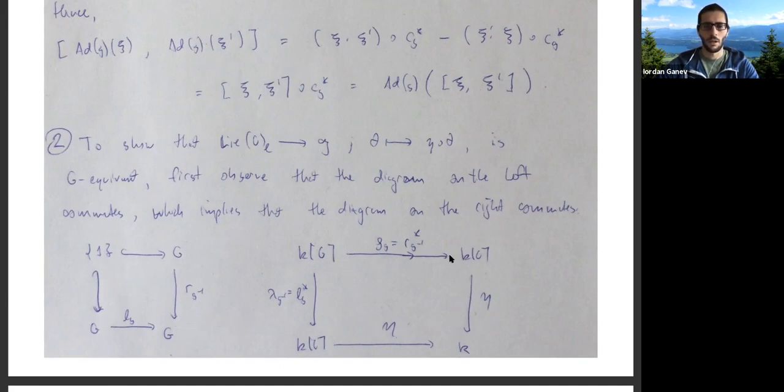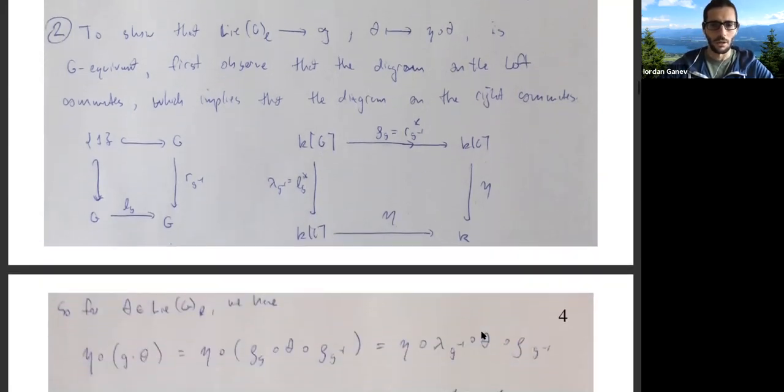Here we apply rho g, which is our g inverse star, and then we apply eta, the evaluation at the identity, the co-unit. That commutes, so that composition is the same as first doing lambda g inverse, which is the pullback of LG, and then evaluating at the identity.